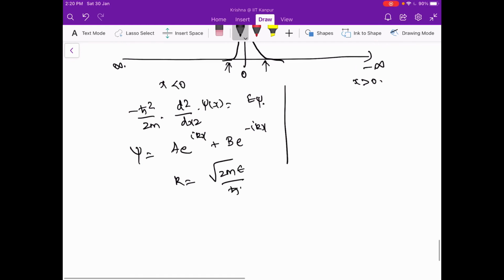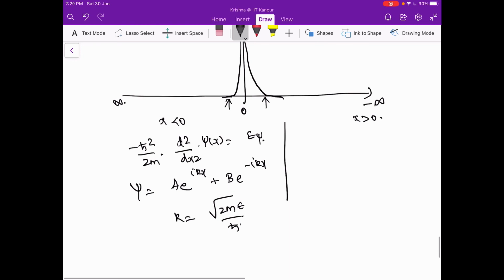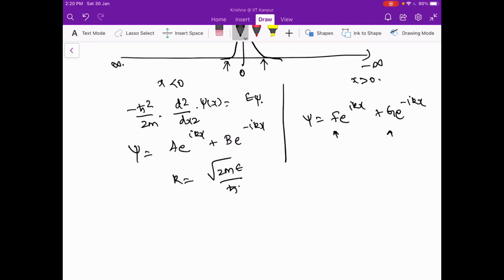In the same way, for x greater than 0, the solutions are written as f e power ikx plus g e power minus ikx. Please remember that f and g are constants, and they are called like this for a particular reason. We will soon see why. Again, here also the k definitions are the same.